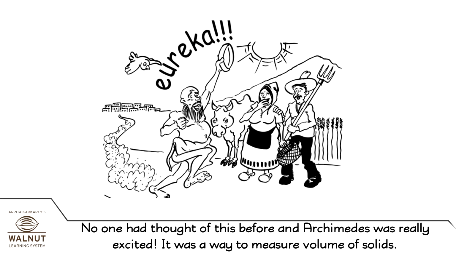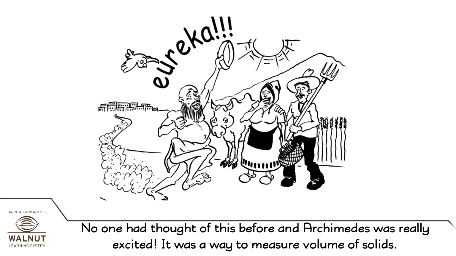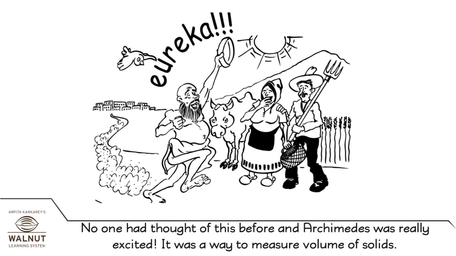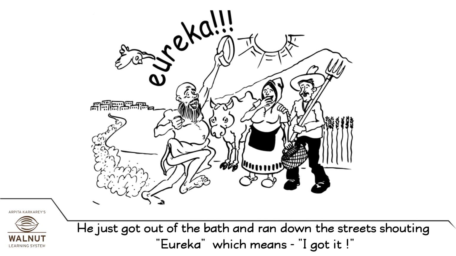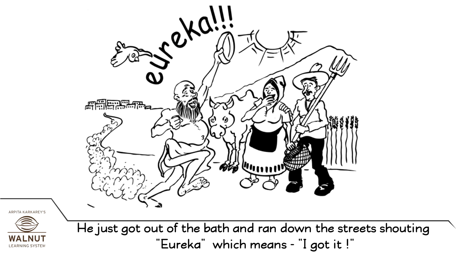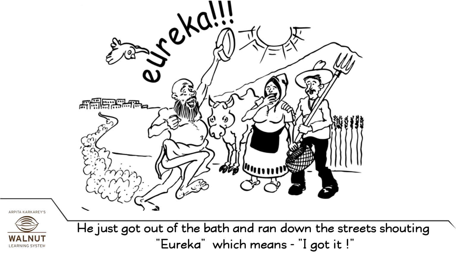No one had thought of this before, and Archimedes was really excited. It was a way to measure volume of solids. He just got out of the bath and ran down the streets shouting, "Eureka!" which means, "I got it."